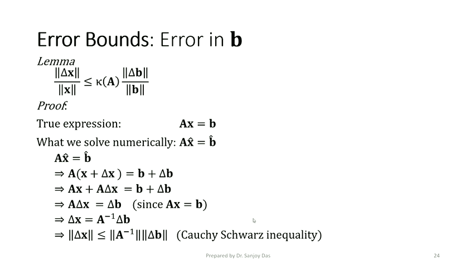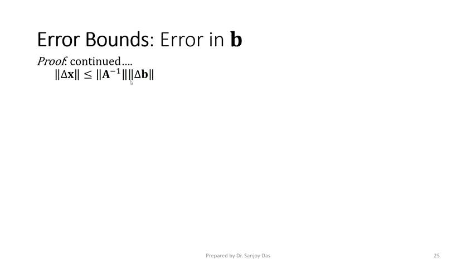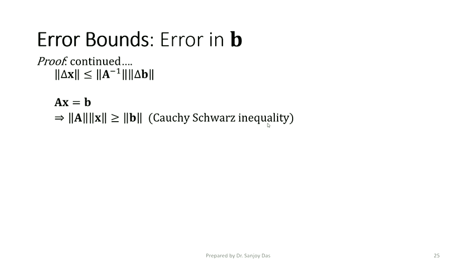Now I apply the Cauchy-Schwarz inequality. I take the norms on both sides. So the norm of delta x is less than or equal to the norm of A inverse times the norm of delta B. Okay, so I rewrite this here. Now I have Ax equals B. Apply norms on both sides and take the Cauchy-Schwarz inequality.